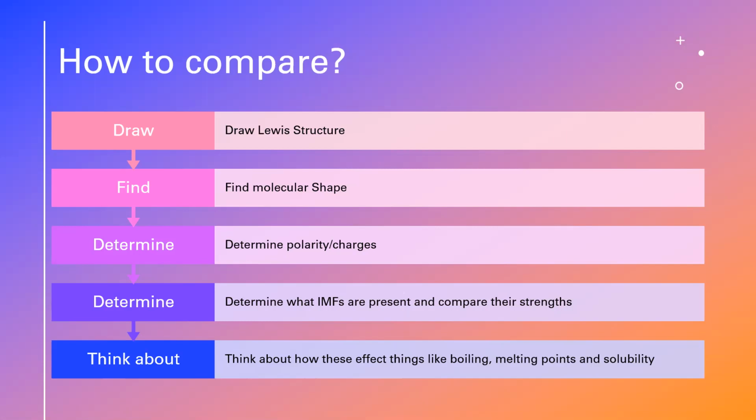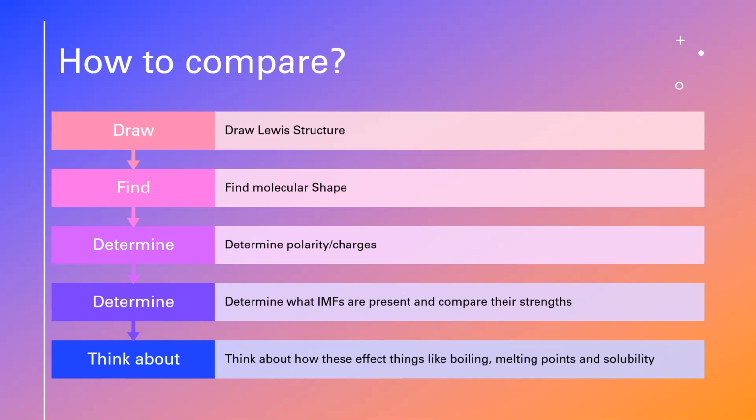And then it says, determine what intermolecular forces are present and compare their strengths. And likewise, like I said, the shape and the size and the charges will help you compare their strengths, but also just studying to the point where it would be helpful to know how to order them. Like, okay, it's strongest to weakest, London's, go down the list. I think that would be helpful.